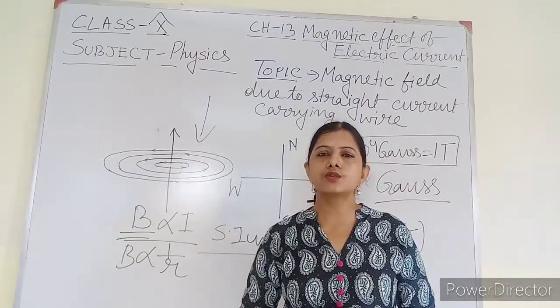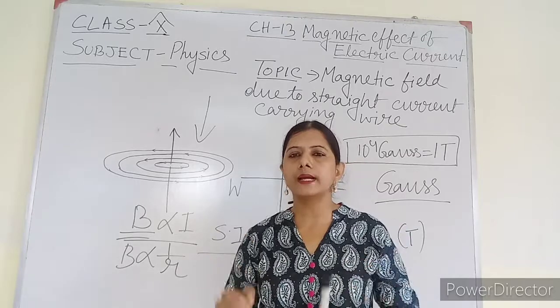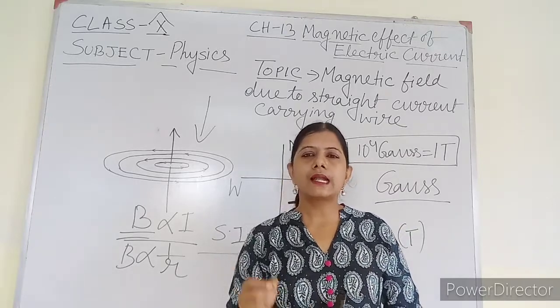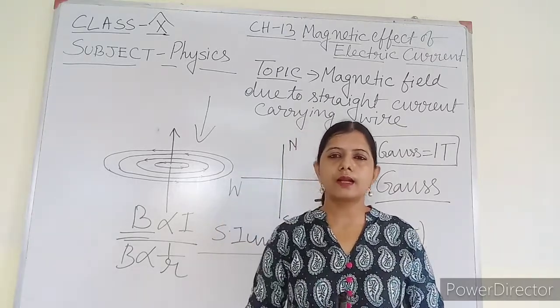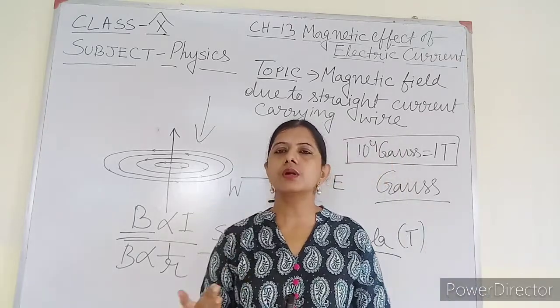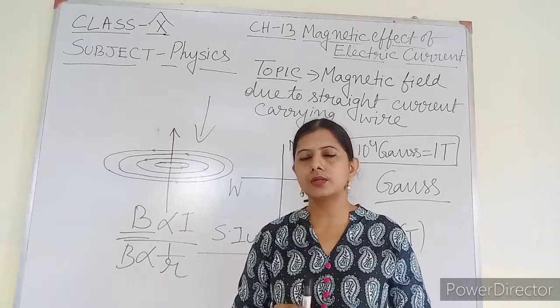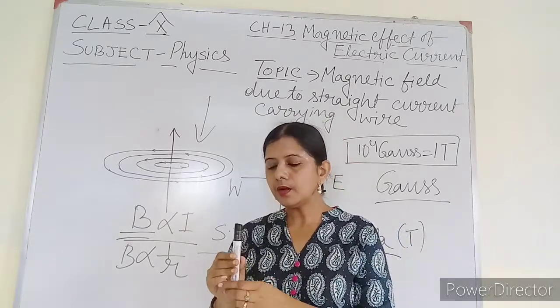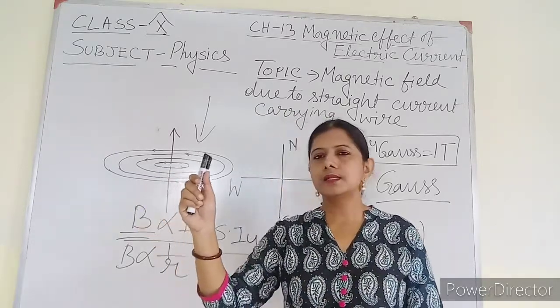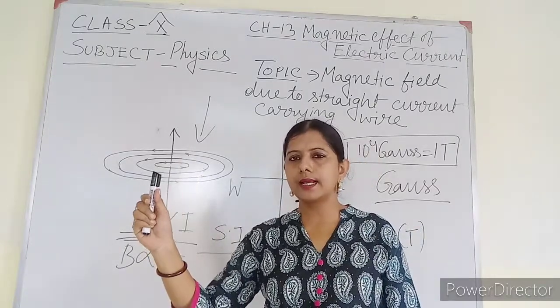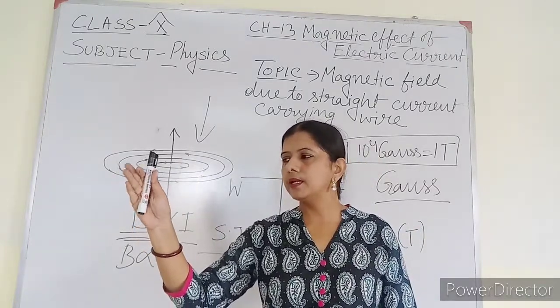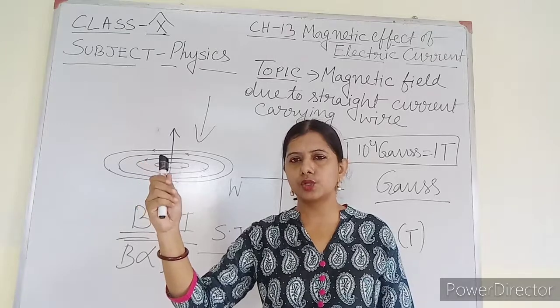Another way I can show you how to find out the magnetic field at a particular point around the straight current carrying conductor. First of all, suppose this is my straight current carrying wire. My fingers are curling in this direction.